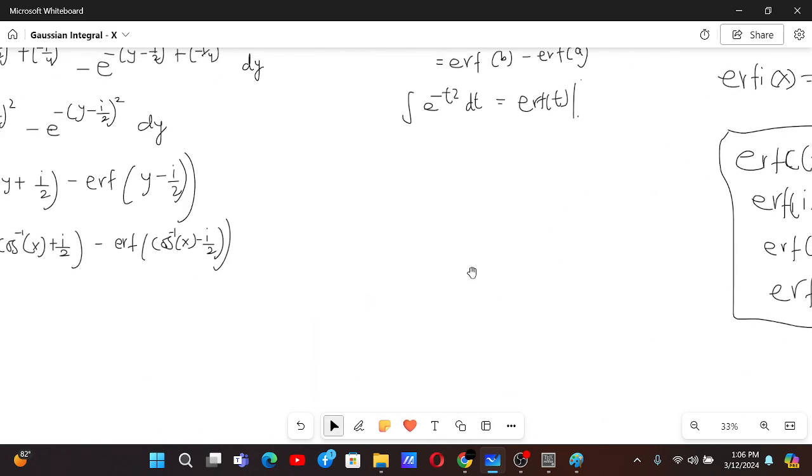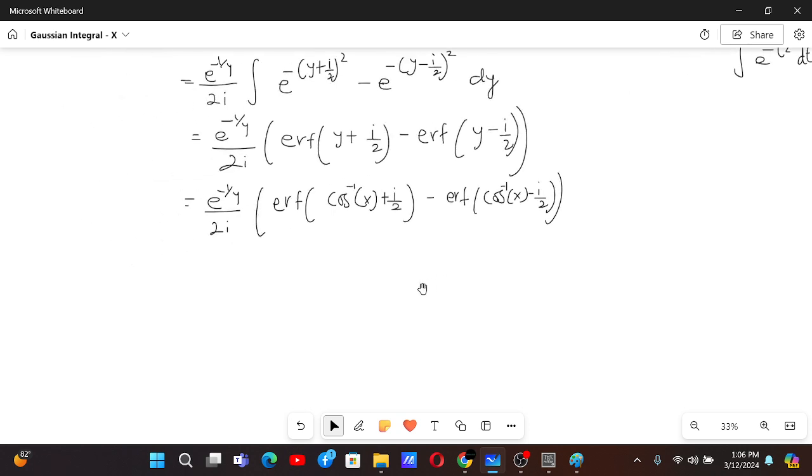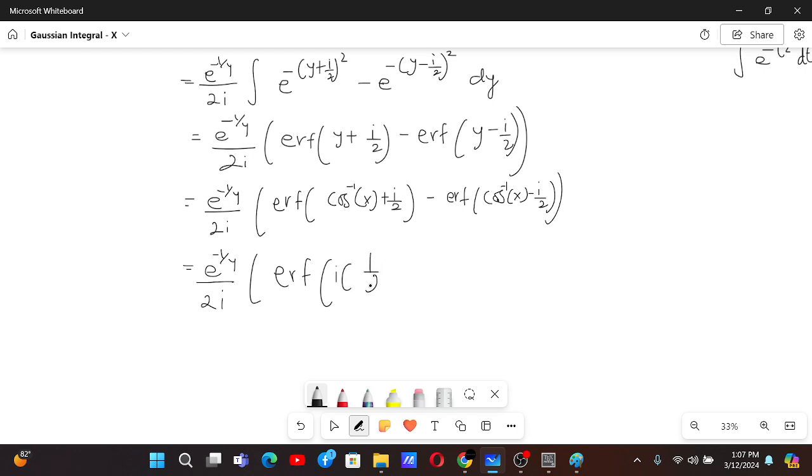Now with that formula, what we can do is take out i common. Yeah, e to the power minus 1 by 4 by 2i. Now we can take the i common and write this as 1 by 2 minus i cos inverse x, and then minus, also take out minus i common from here, and that gives us 1 by 2 plus i cos inverse x.